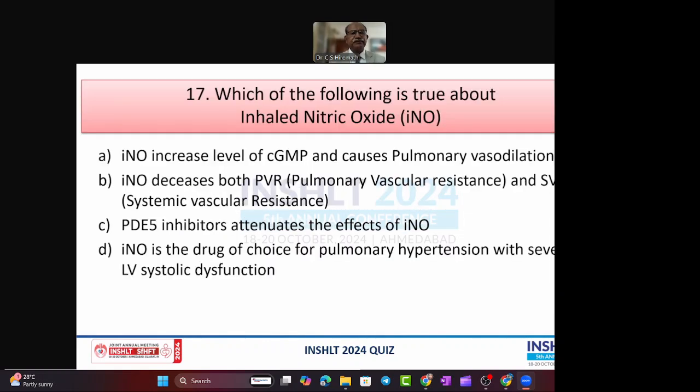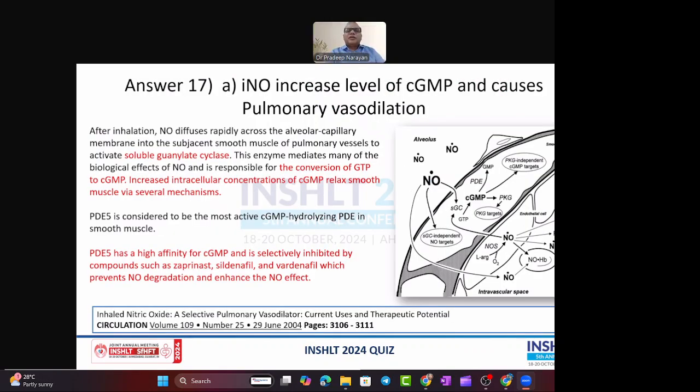Next slide, please. Which of the following is true about inhaled nitric oxide? So, again here, maybe there was some confusion with the word attenuate. Attenuate means to decrease. There is a direct relationship between nitric oxide and cyclic GMP levels.